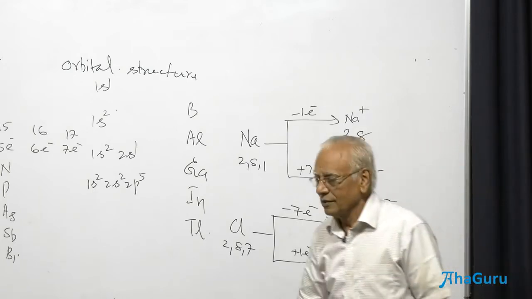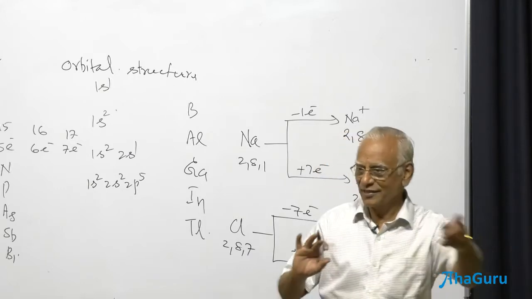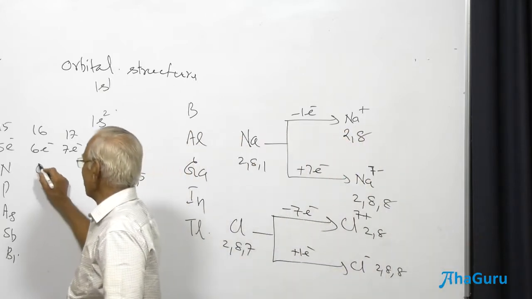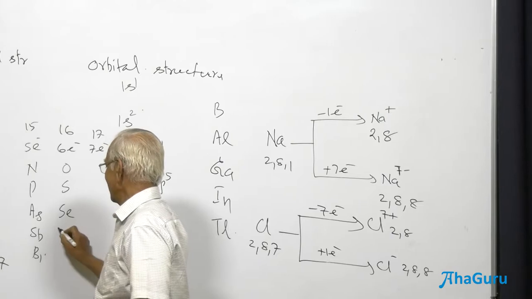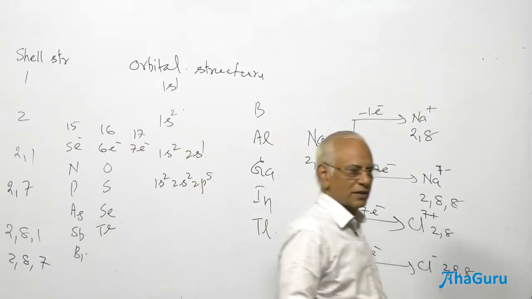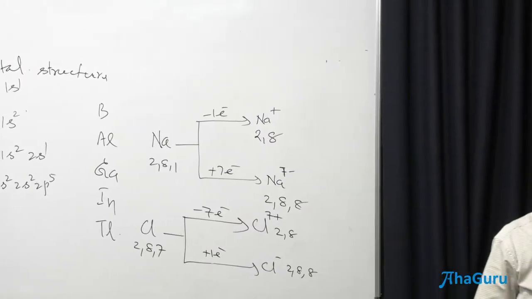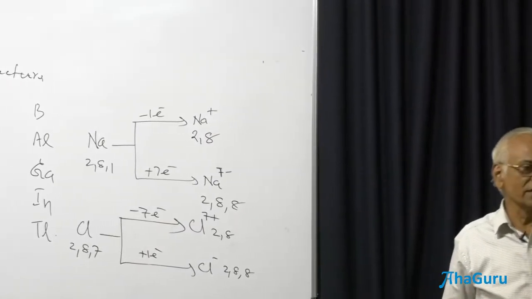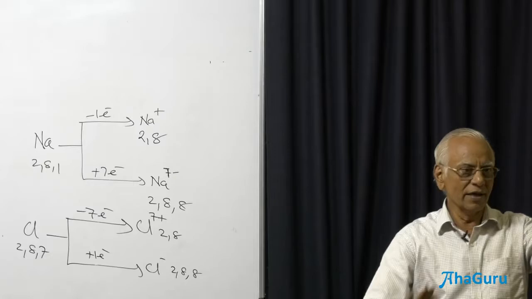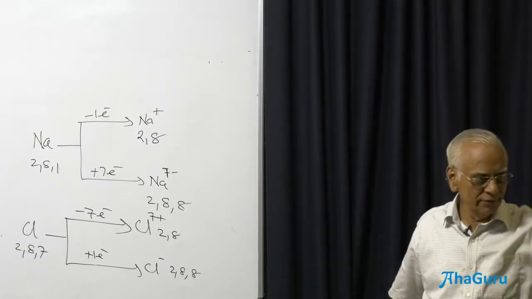Bismuth. Group 16: oxygen, sulfur, selenium, tellurium. Wonderful. Oxygen, sulfur, selenium, tellurium. Isn't it? We saw it today. Under what relevance did we learn oxygen, sulfur, selenium, tellurium?